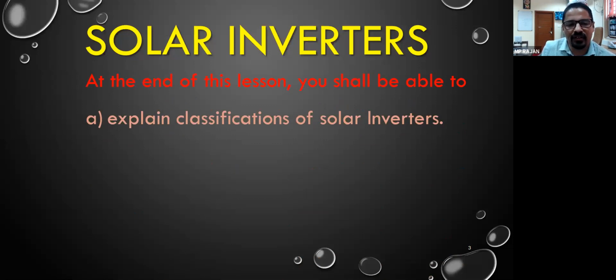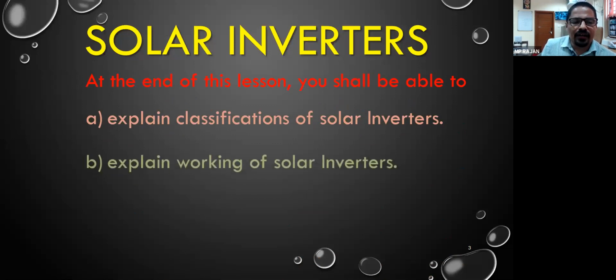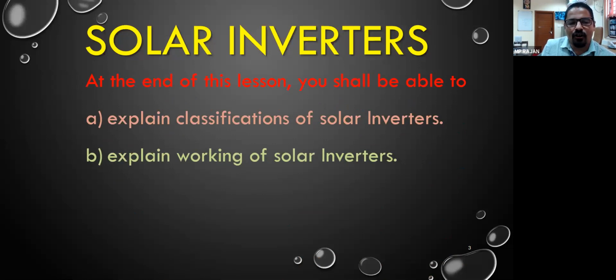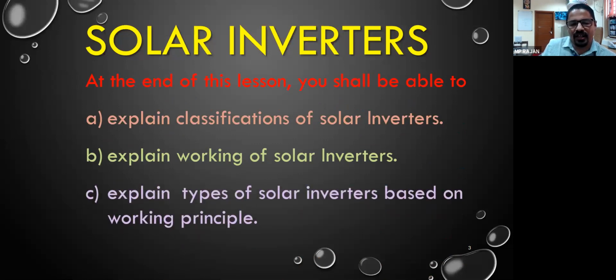We'll be discussing this one today, and we'll see the working of a solar inverter, how a solar inverter works. And further, we'll see what are the different types of solar inverter based on the working principle. So these are the 3 points we are going to discuss today.